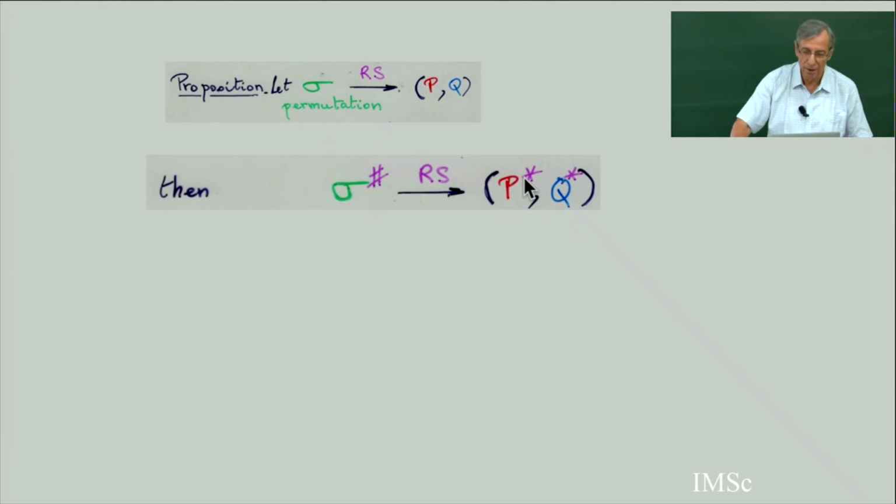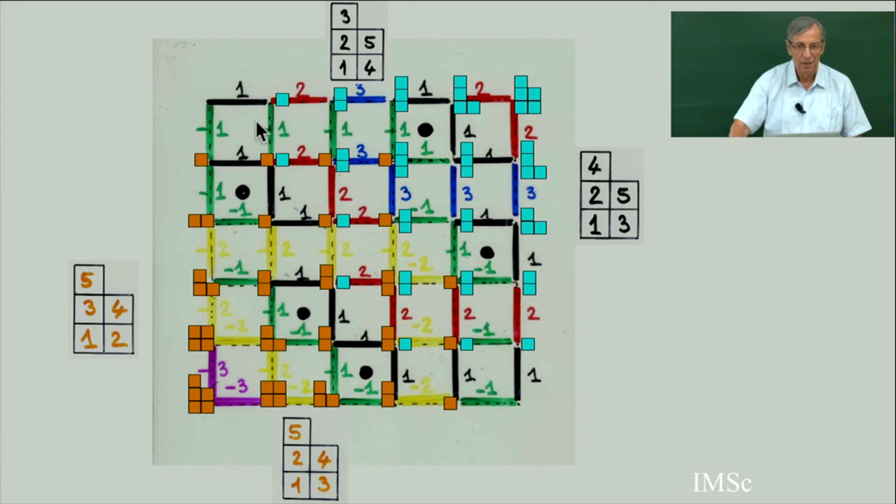We have defined the dual by the jeu de taquin of Schützenberger, and you remember this picture where I have the P and Q, the P symbol of this permutation, which is 4, 2, 1, 5, 3.